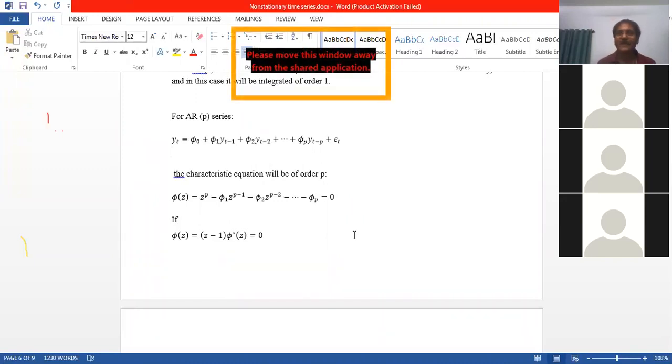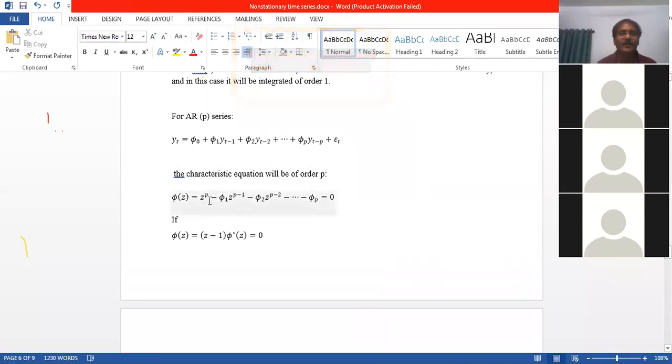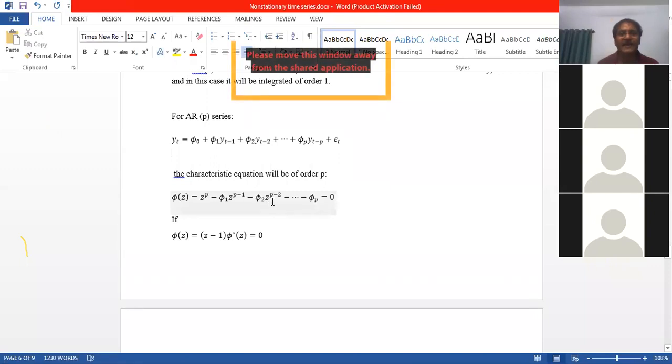You have the inverse characteristic equation relating to ARP. And again, if you set 1 by L is equal to Z, you have a characteristic equation that looks like this: Z to the power P minus phi 1 into Z to the power P minus 1 minus phi 2 into Z to the power P minus 2, in this way minus phi P equal to 0.